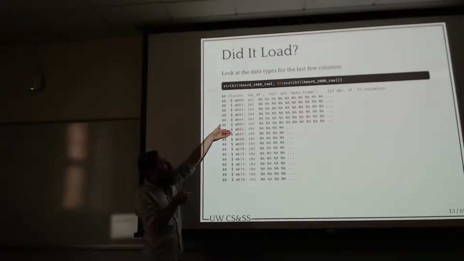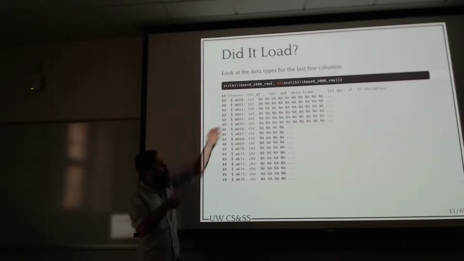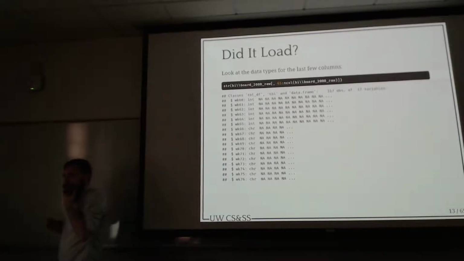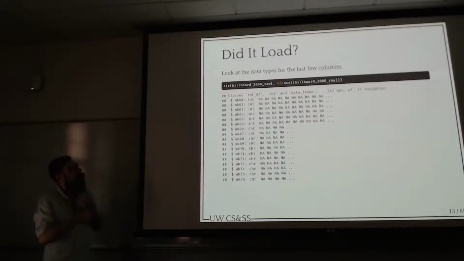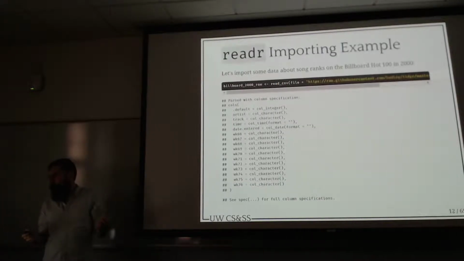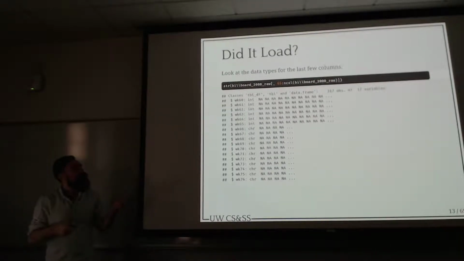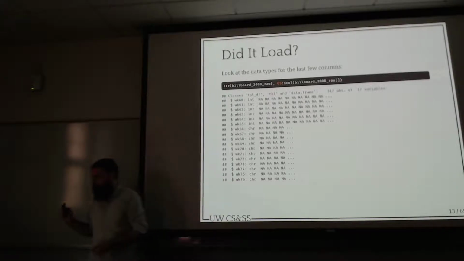Suddenly down here, a bunch of these started loading as character instead of integer. This is a hint that something probably went wrong behind the scenes, because these should all be integer. A song could be number 1. If it's the top 100, it could be only as low as number 100. I think this is the Billboard Top 100. So this should be an integer between 1 and 100. It should never be character data.